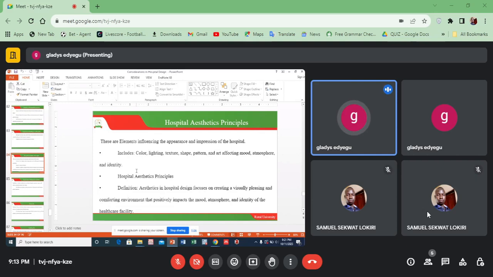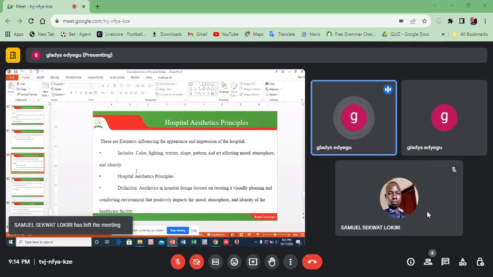What is the texture? Just the feel of it is very important. Then the shape of the rooms or the spaces that you're going to use is also related to aesthetics. So there is a lot of designing in it, and it should be able to attract the attention and the feel of your patients.